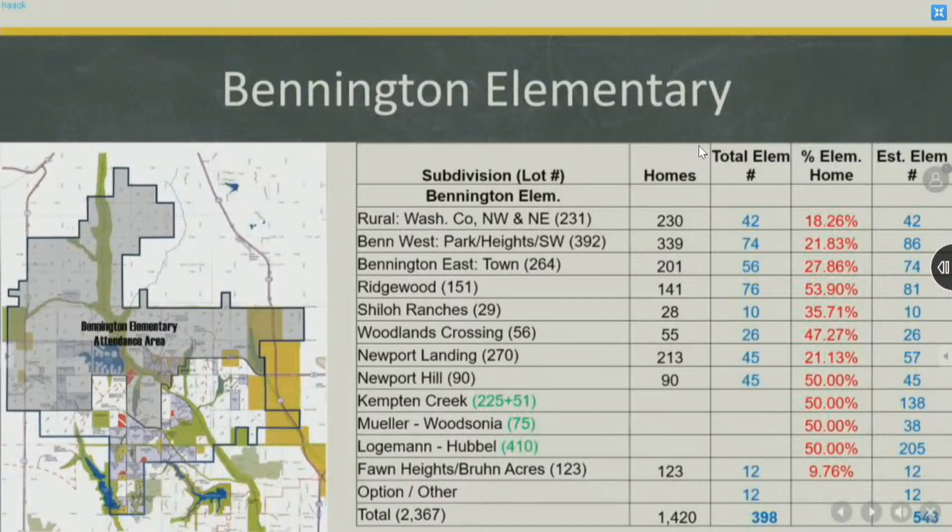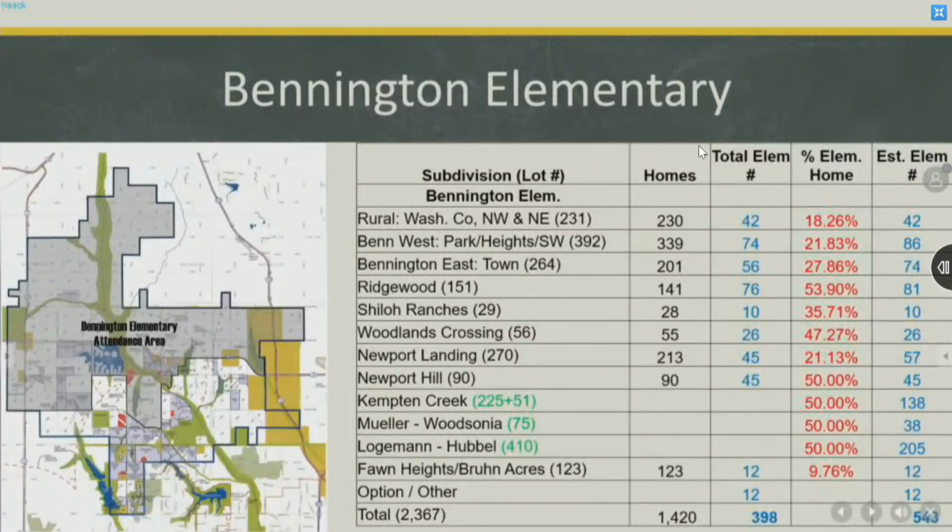We did some educational assumptions, and based on other neighborhoods of like building, we're estimating that Kempton Creek, Woodsonia, and Logan Hubble, that would be 138, 38, and 205 elementary students to equal up to that 543. So there are subdivisions that do not have any homes, and we are making some assumptions based on the knowledge that we have in other neighborhoods.